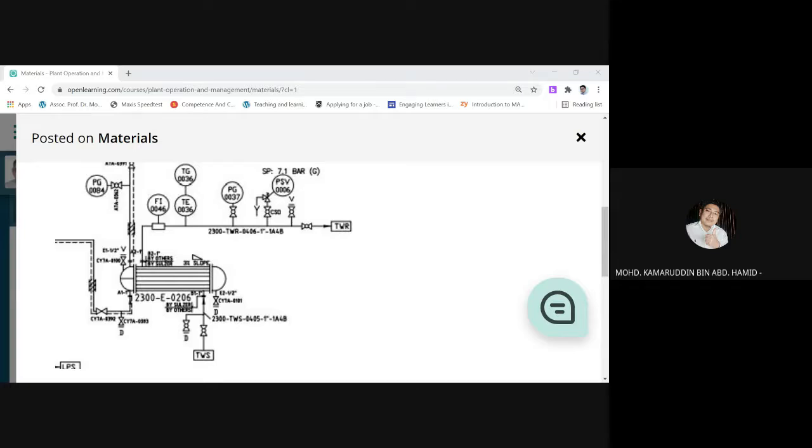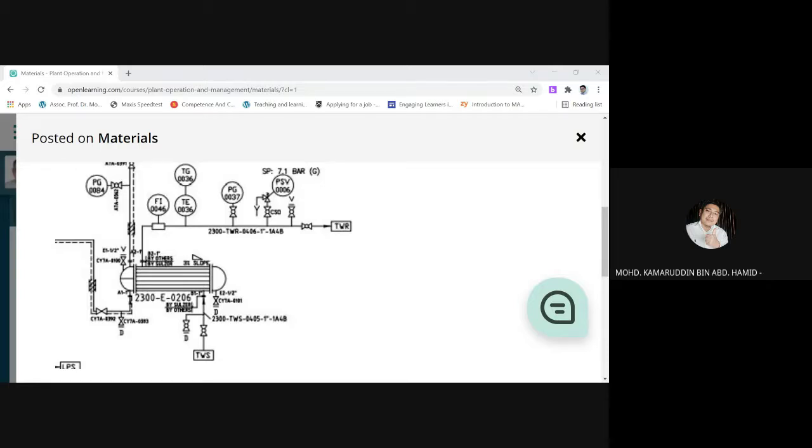At 1 atm, the boiling point of water is 100 degrees C. But it's not 100 degrees C at 2 bar. It's not 100 degrees C anymore kalau pressure dia berubah.